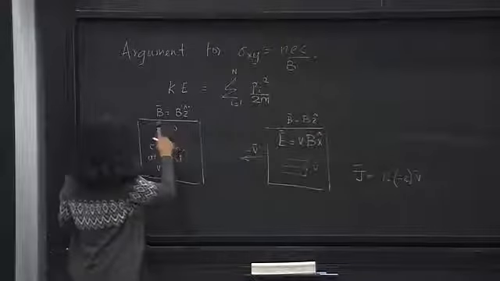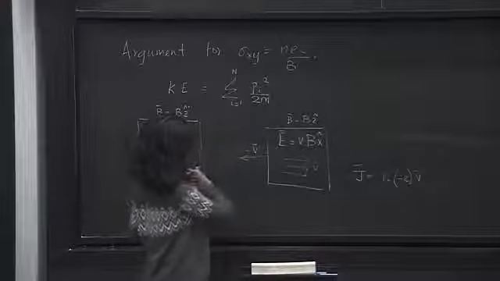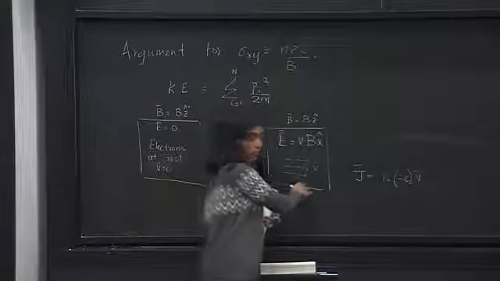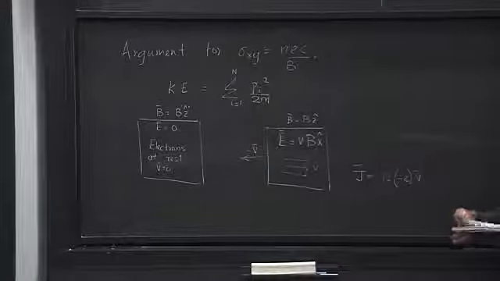There is, unlike the lab frame, in the moving frame, an electric field induced in the x direction such that the Lorentz force on these moving electrons is exactly canceled. Okay?